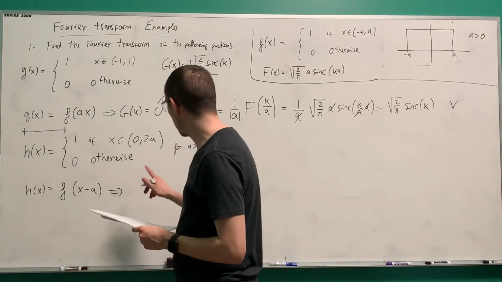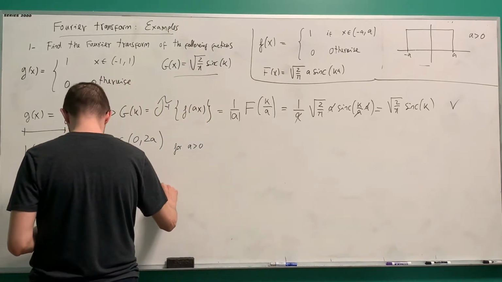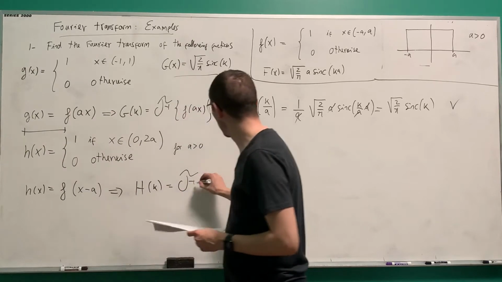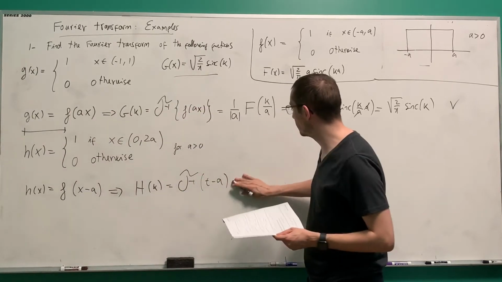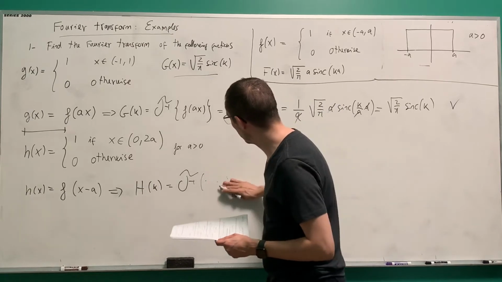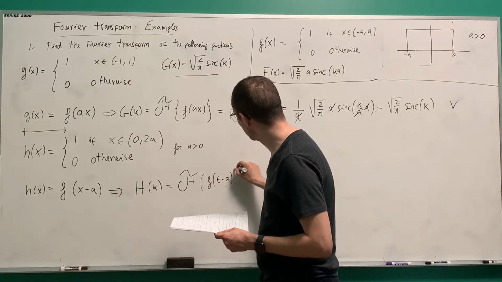And what we get is the following. So h of k, which is of course the Fourier transform of f of t minus a, remember the shifting property: the Fourier transform of f of t minus a.